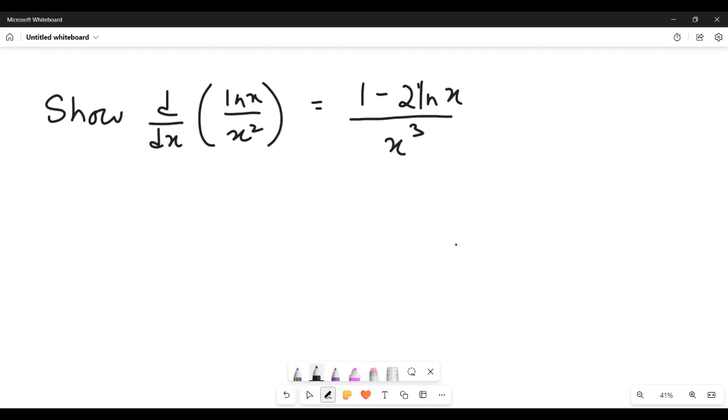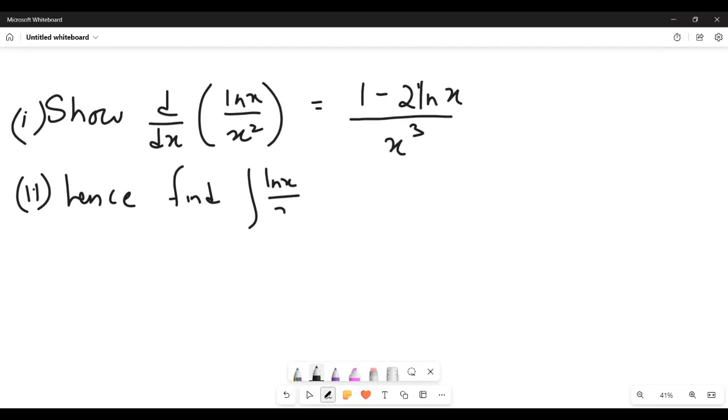Part 2 is: hence find integration of ln x upon x cube. Do part 1 first.